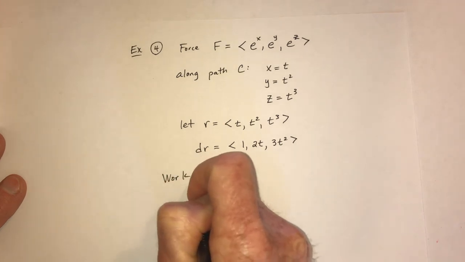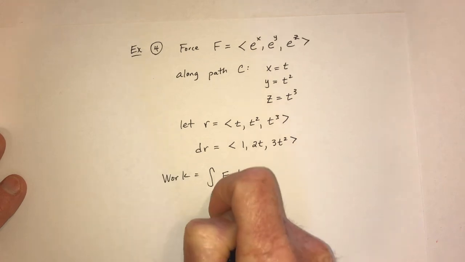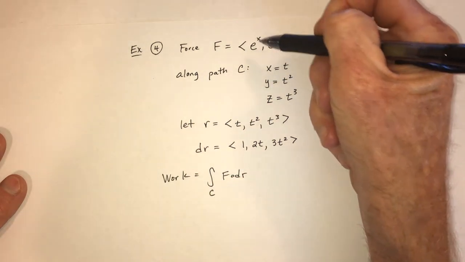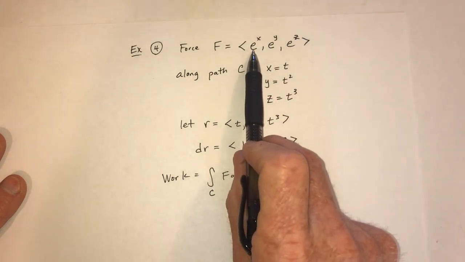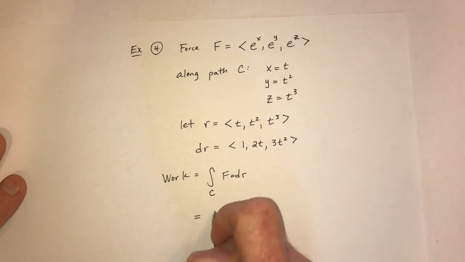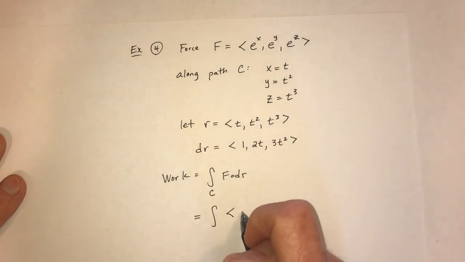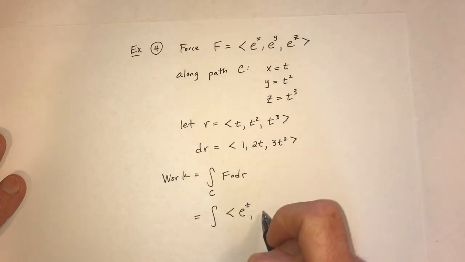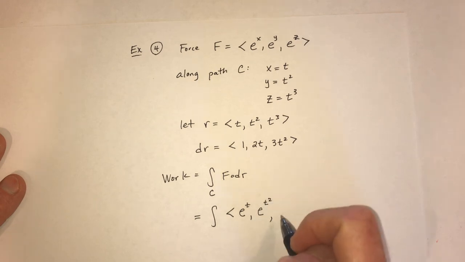So work is equal to the integral of f dot dr. So take the dot product of this with this, although we need to change this over so that it has t's in it. So f is going to be e to the x, which means it's e to the t. The middle component is e to the y, so that's e to the t squared.